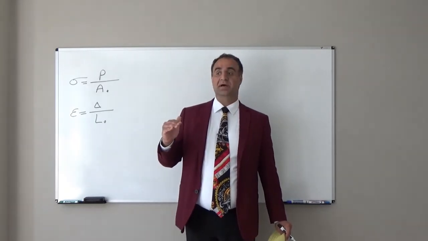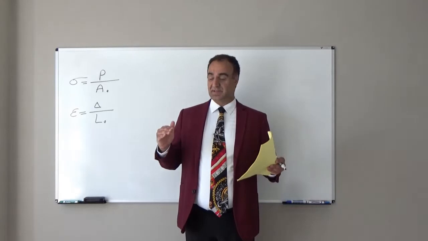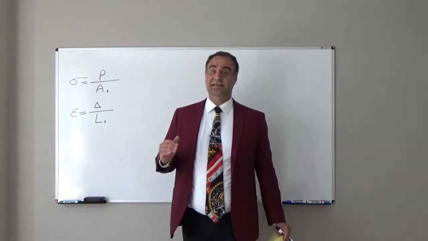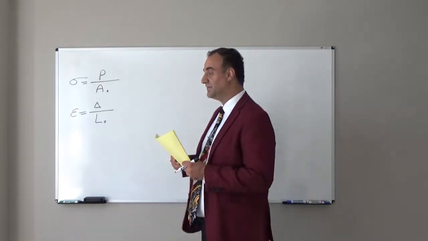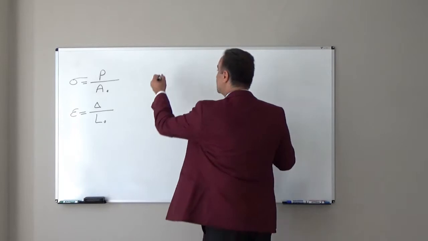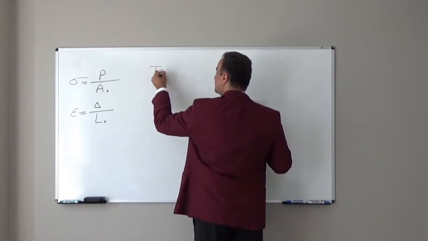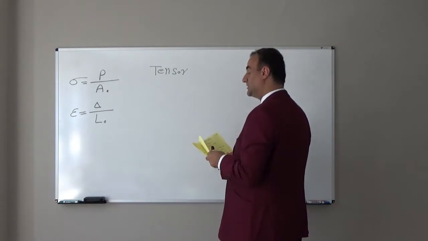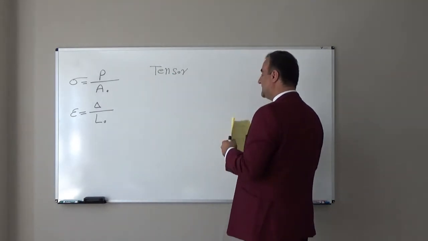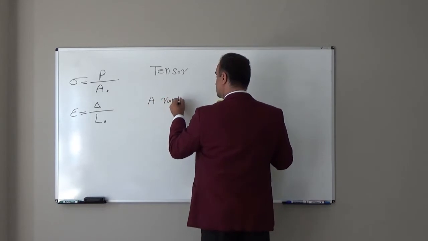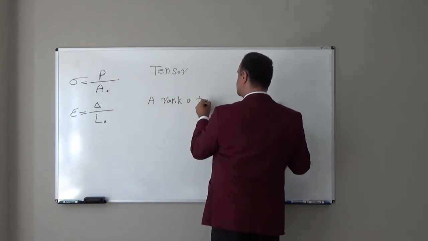Later on, I will explain more. But stress is not a scalar quantity. It is another quantity. We call it a tensor. Later on I will explain what a tensor is. But for now, you should know there are different types of tensor. We have a rank 0 tensor.